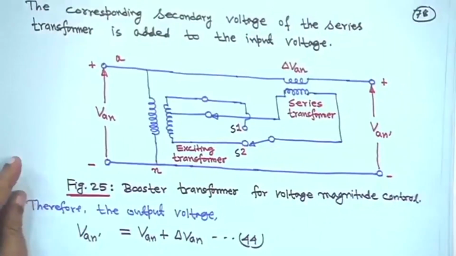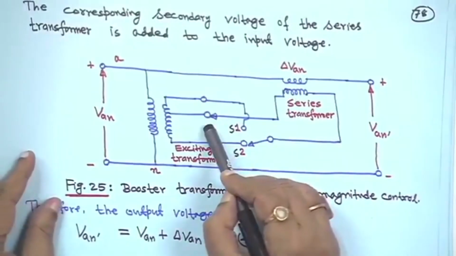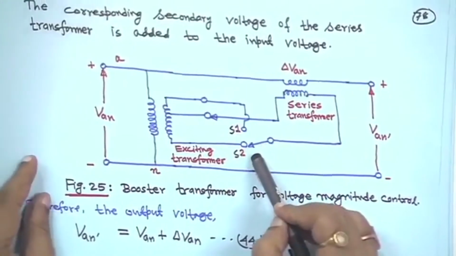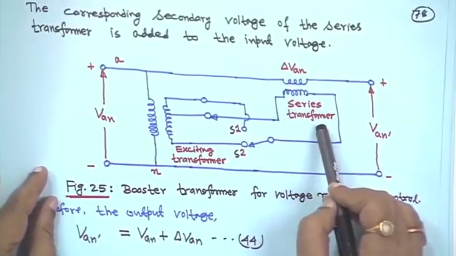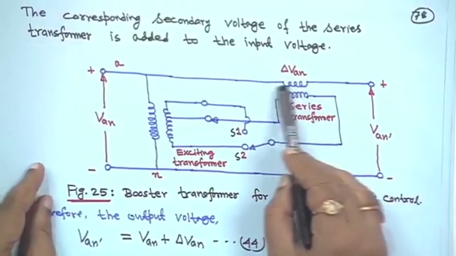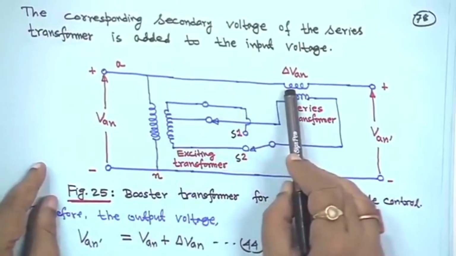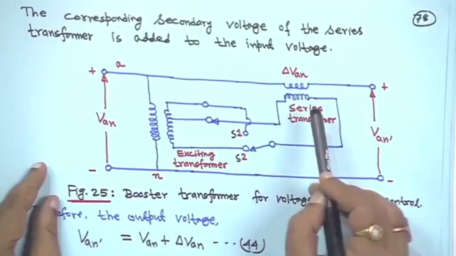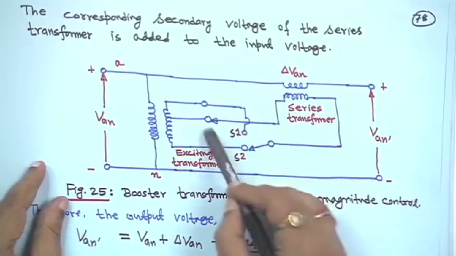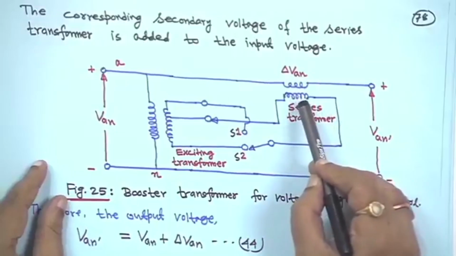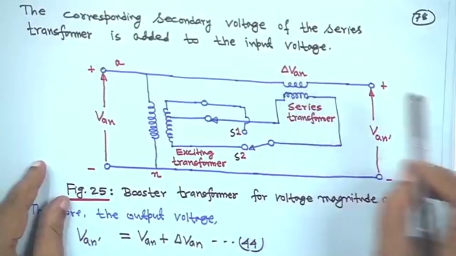That means this is the tap position, and one connection is given. Another transformer is there called the series transformer, whose other winding is in series with the phase A line. So, this is the series transformer and this is the exciting transformer. With this, some voltage is impressed here and automatically voltage will be impressed there, right.